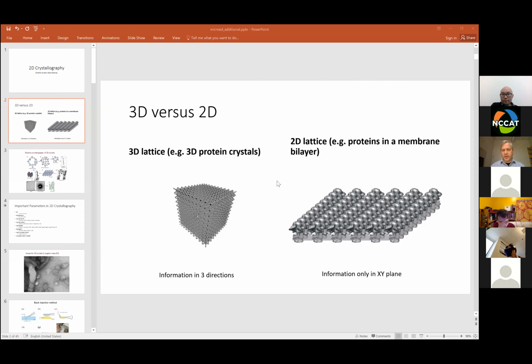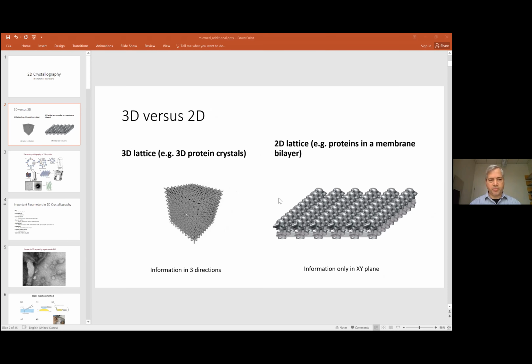With 3D crystallography, you're basically making a 3D lattice of your protein, so you have information in all 3 dimensions. 2D crystallography, which came earlier, was mostly used for membrane proteins, because they're naturally limited to one plane, sitting in the membrane. And so sometimes you could arrange things so they organized themselves into a 2D lattice in the membrane. And let me start the slideshow.